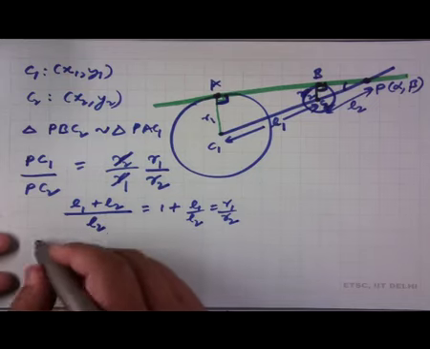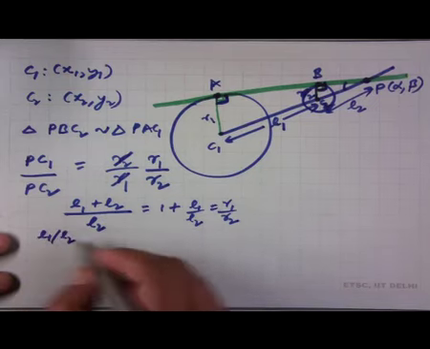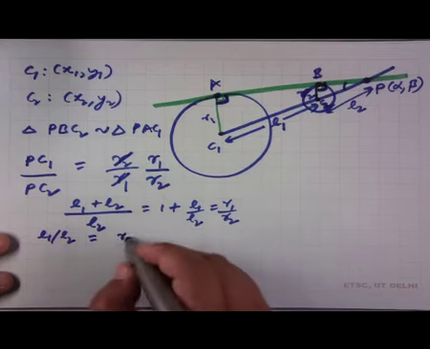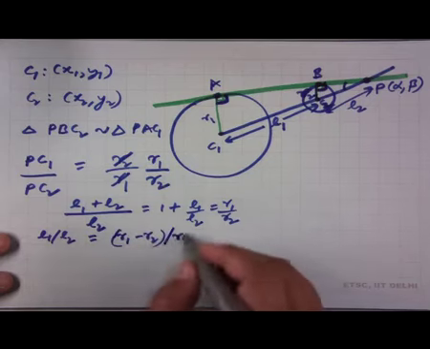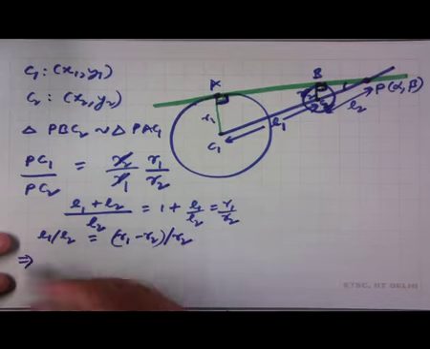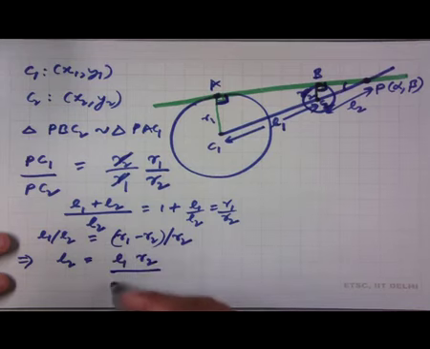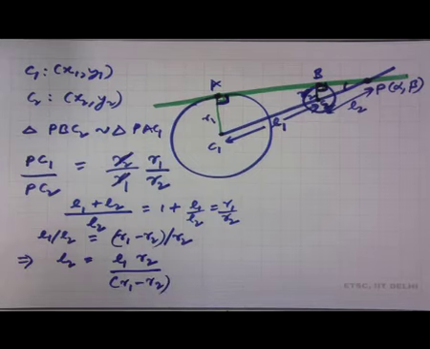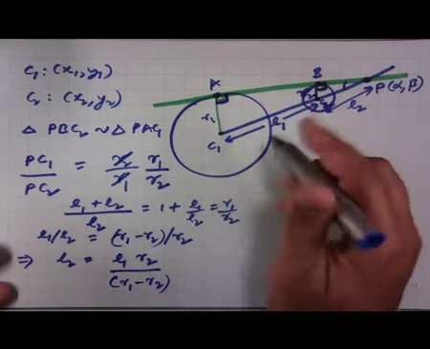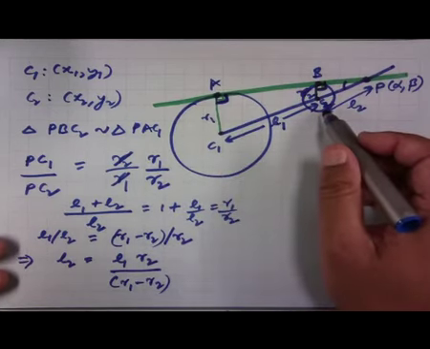Therefore, L1 by L2 is R1 minus R2 upon R2, which implies that L2 is equal to L1 into R2 divided by R1 minus R2, and L1 is already known to us because the coordinates of the two centers are given to us.